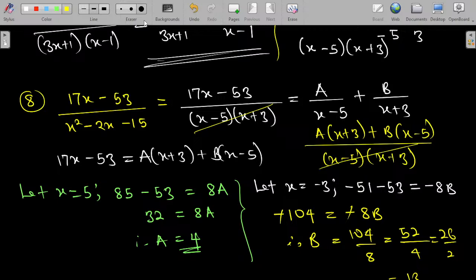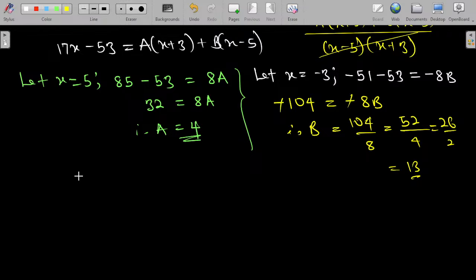Just come here and replace a here with your a, which is 4, and then replace this one with your b, which is 13, and that is what is required to complete your partial fractions.